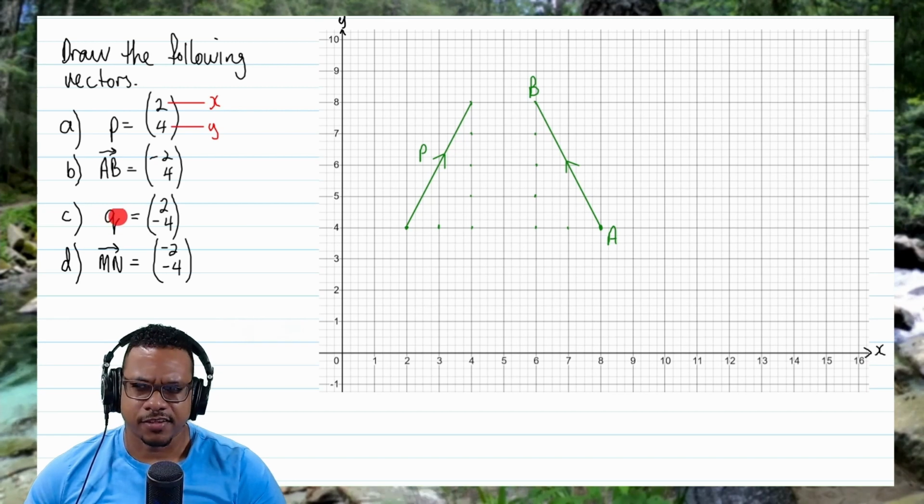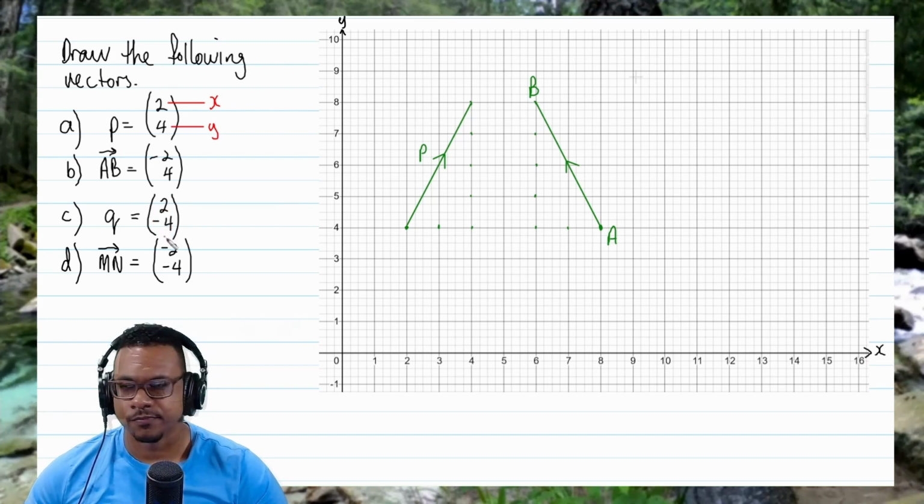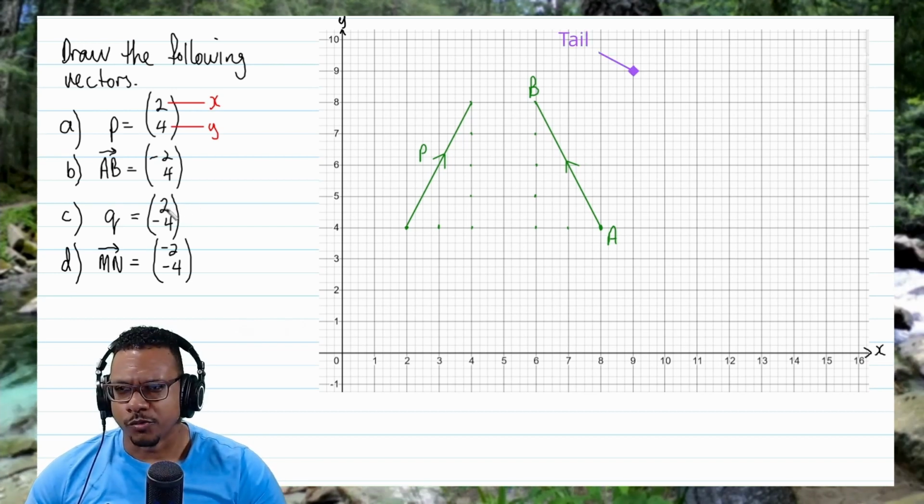So now let's look at this vector Q, where we have +2 as the x component and -4 as the y component. So +2 as the x component would mean going 2 units to the right, and -4 as the y component would be going 4 units downwards. So I'll mark this spot here because that's where I want the tail of the vector to be. So now I'm going 2 units to the right.